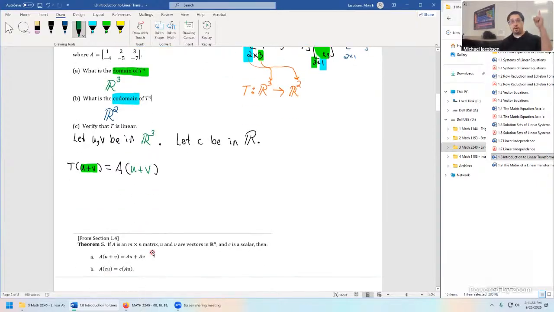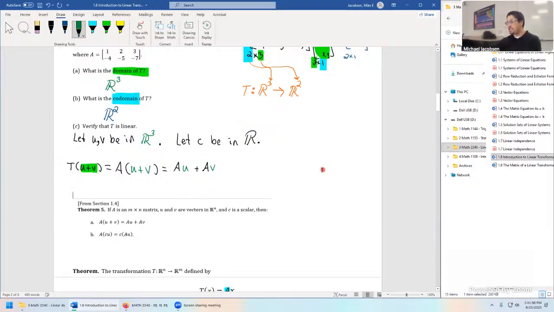This is the same theorem above up in the notes, just a screenshot. If you have a matrix A, any matrix A, and you have a vector addition in the middle, you can distribute as a punchline to this property. So this turns into A times U plus A times V. And we're totally done with that property now.